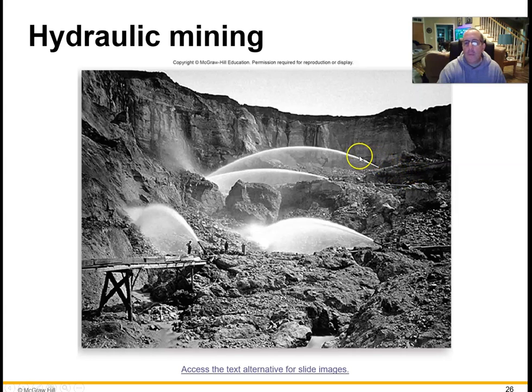They would bring high pressure water in there, water hoses basically, and just start washing away sediment off the sides of these holes, creating gigantic holes and tremendous erosion issues in these valleys, just washing it all down here. You can see the people standing here. It was just a disaster environmentally. They outlawed that, I think, in the 1880s. And that should tell you how bad it was if they were thinking about the environment even back in the 1880s.